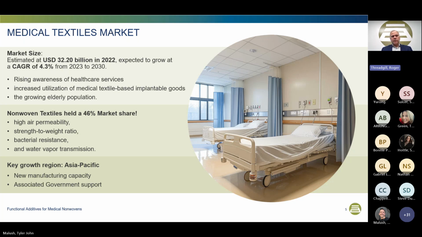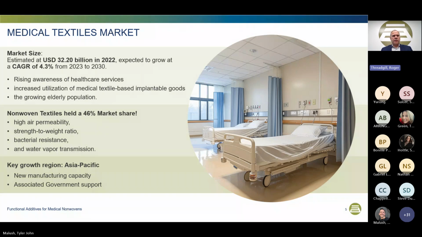Some of the key drivers are a rising awareness of healthcare services, increasing utilization of implantable goods, and a growing elderly population. Healthcare and hygiene textiles have a greater than 40% market share. These are the products that we highlighted before, like medical scrubs, drapes, and bedding.